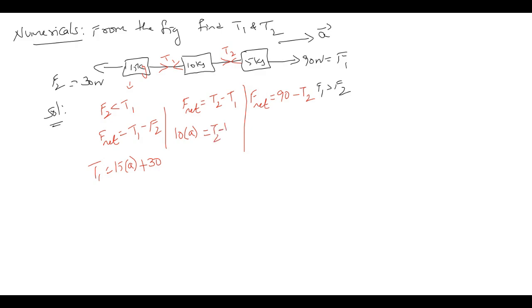We will write T1 as 15A plus 30. So 10A is equal to T2 minus (15A plus 30). Then T2 will become 10A plus 15A plus 30, that is equal to 25A plus 30.